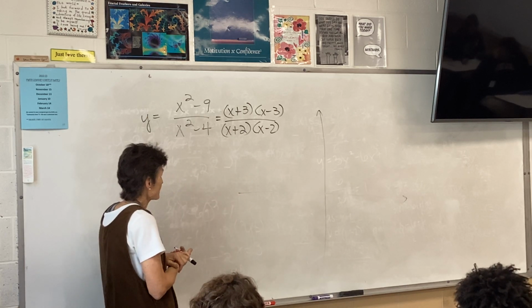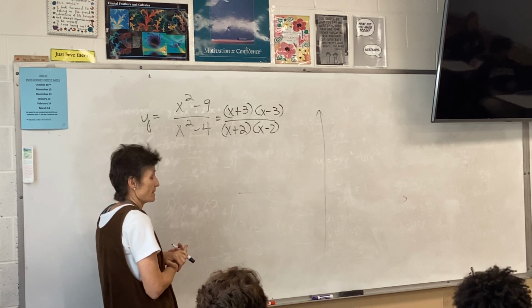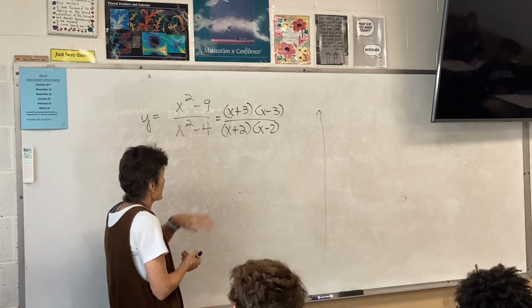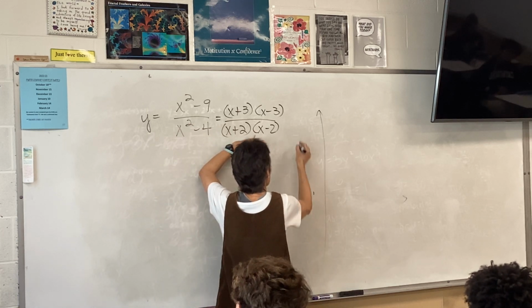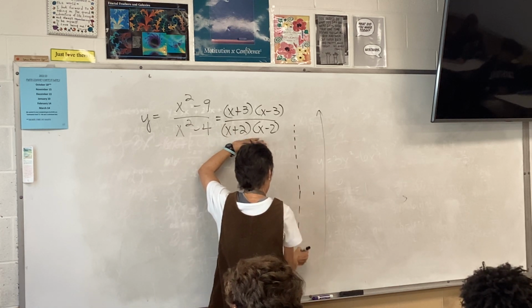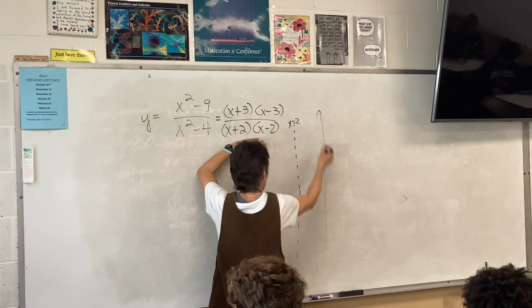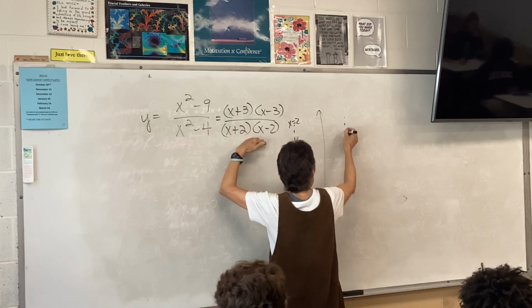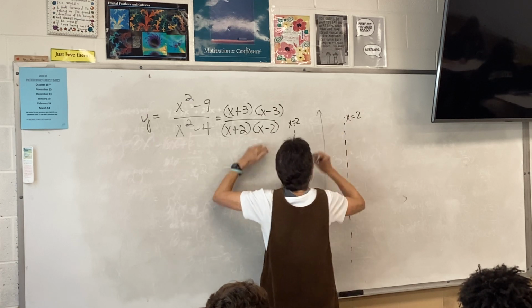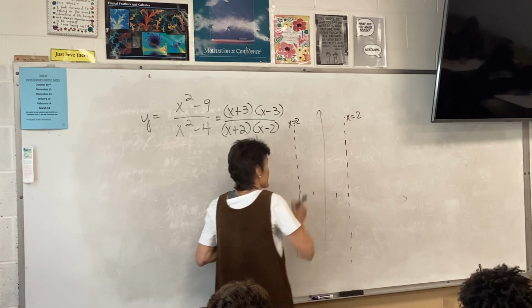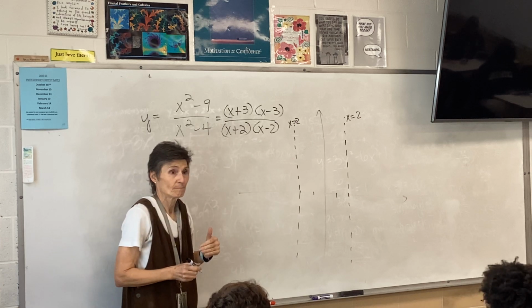Does it have any asymptotes? It has a lot of asymptotes. It has vertical asymptotes at x equals 2 and x equals negative 2. I know we've talked about this before, talk about it again. Vertical asymptotes are cannot be's.